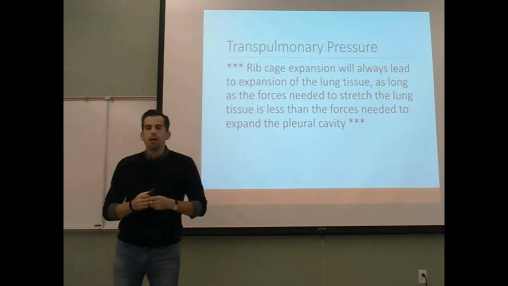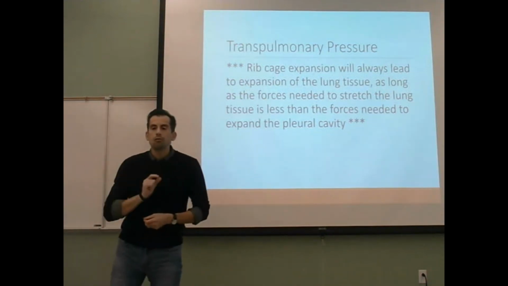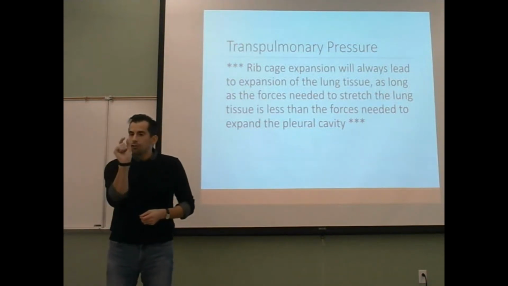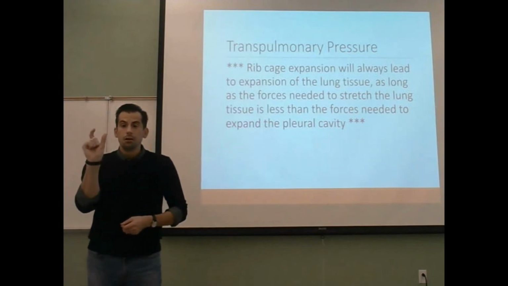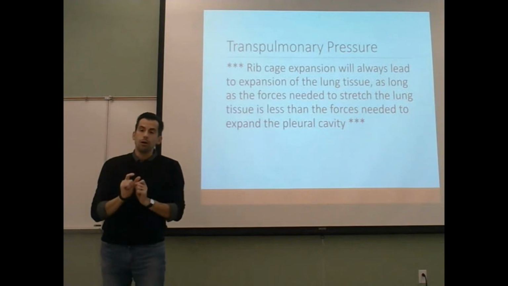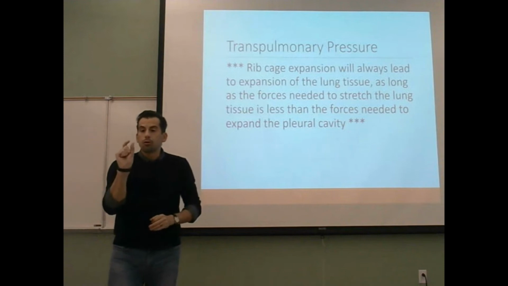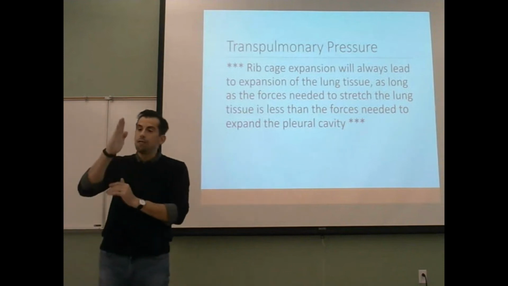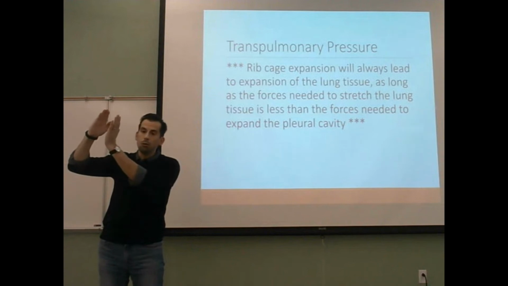You move the ribs out, it starts to open up that cavity. Now you've got two different forces. How much force is it going to take to actually increase the volume of that cavity, versus how much force is needed to stretch the lung tissue? And if the lung tissue stretches more easily than the pleural cavity expands, everywhere that the parietal pleura goes, the visceral pleura will follow.